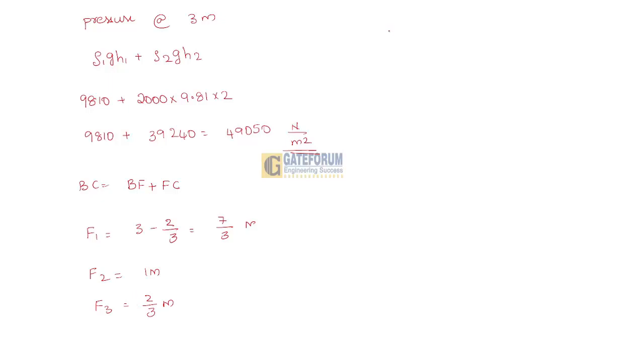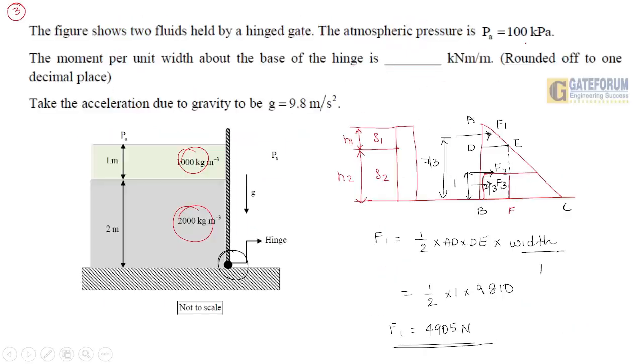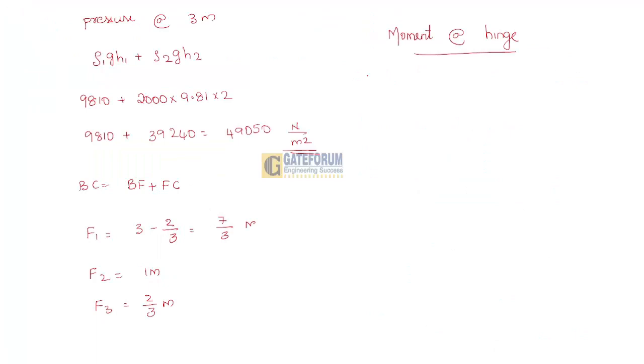So when we are talking about the moment about the hinge, what is going to happen? Force into perpendicular distance. F1 into 7 by 3, F2 into 1, F3 into 2 by 3, right? F1 into 7 by 3 plus F2 into 1 plus F3 into 2 by 3. So F1 is how much? 4905. F2, 19620.